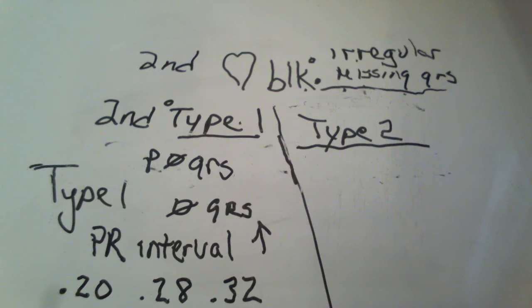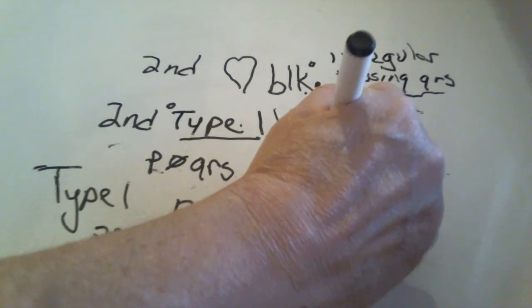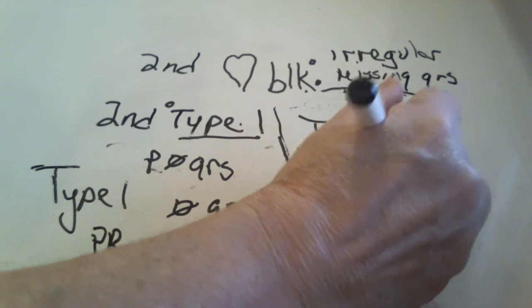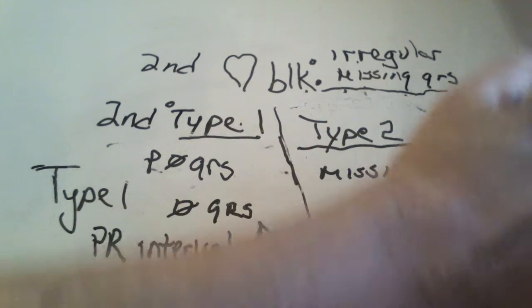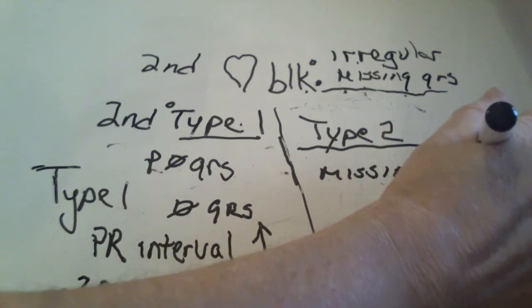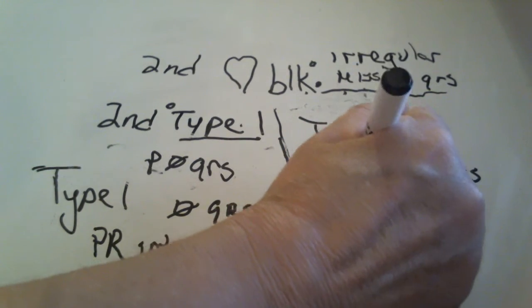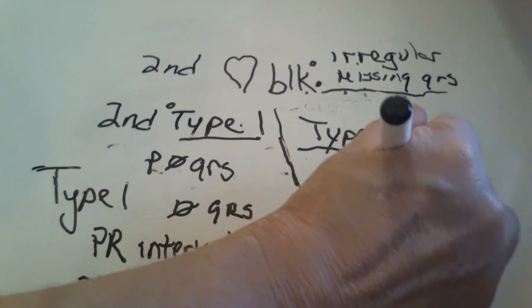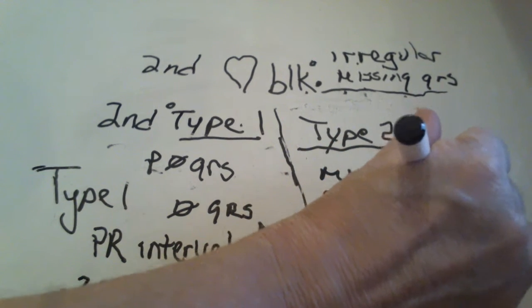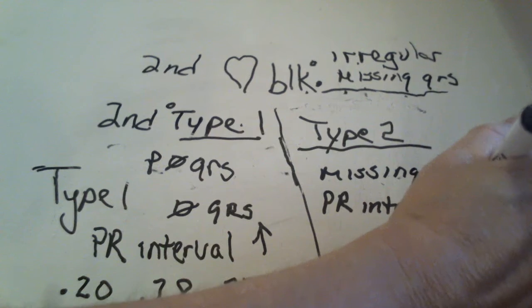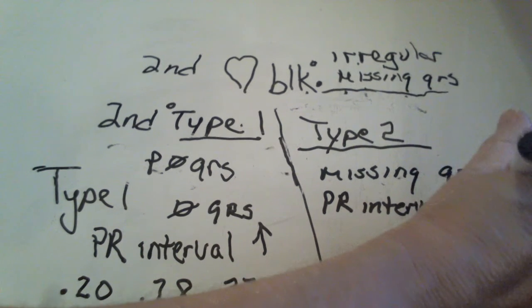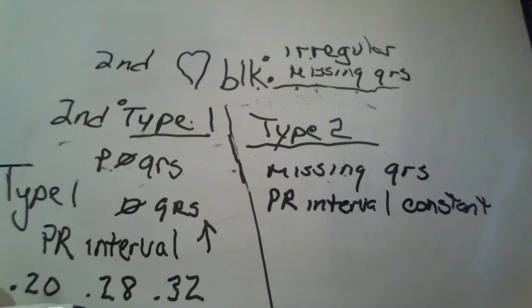Now, second degree type 2, with type 2, you're still missing QRSs, but your PR interval is constant. So if it's 0.20, it's 0.20. It's constant. It's the same. It doesn't change.